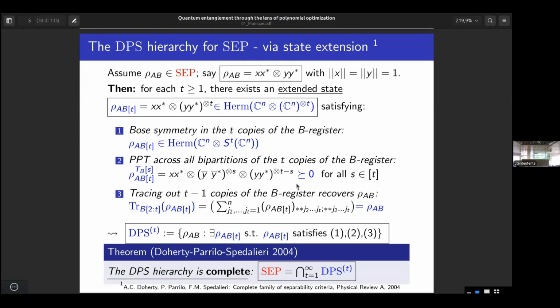Yes, please. How is this compatible with what we got on the previous slide? There was no such version. Very good question. What I said in the previous slide is that this infinite intersection cannot be omitted. In particular, there is no t such that the set would be completely described.